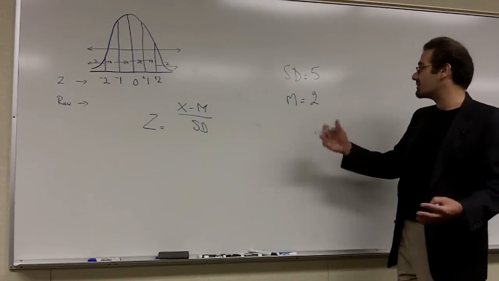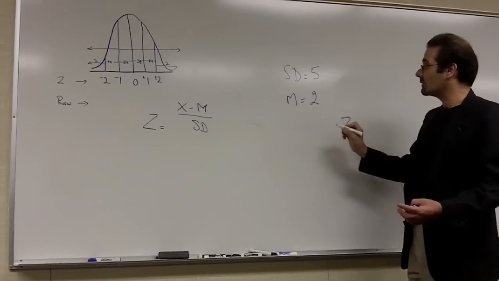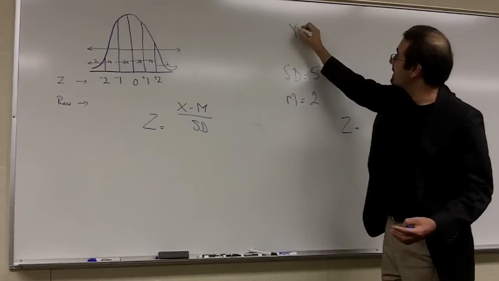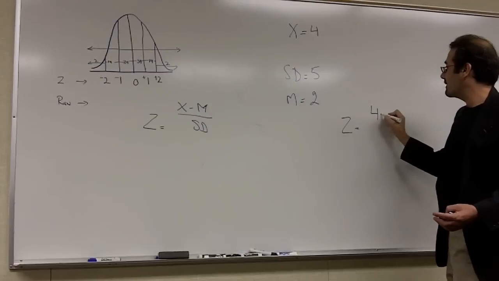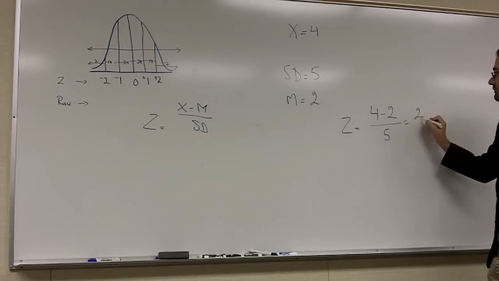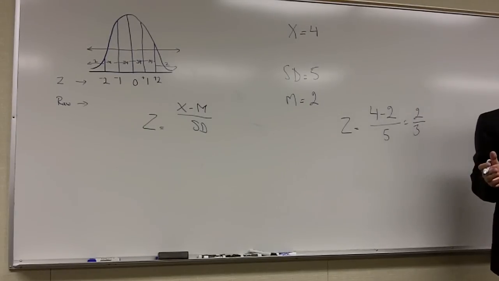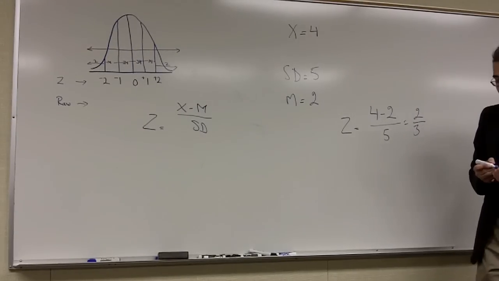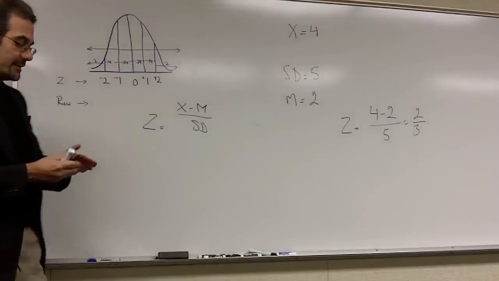Let's actually make it a score of 4. Your score, x, is 4. The mean is 2, so 4 minus 2 over 5. So your z is 2 over 5, and you can then plot that z into the distribution.